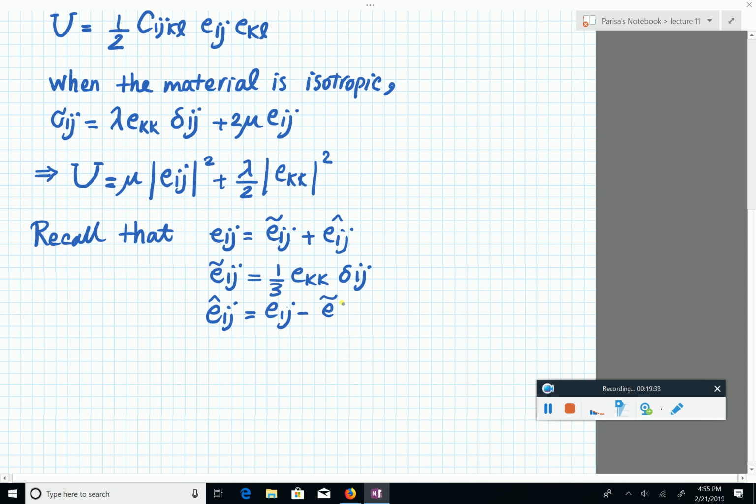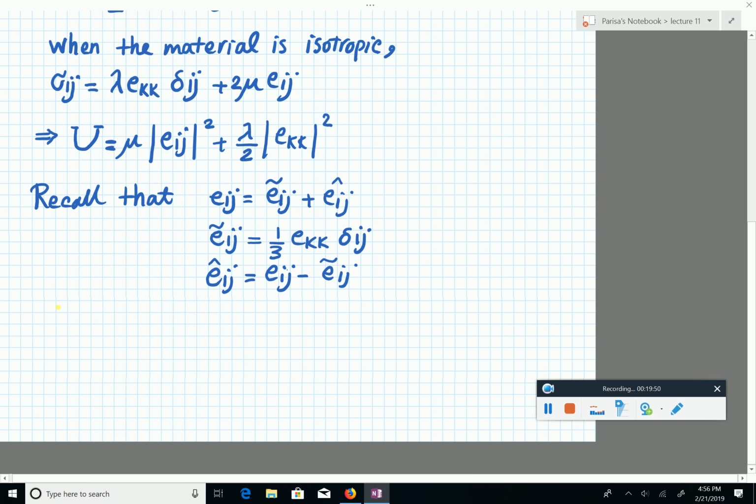And these are tensors. In your work, sometimes I saw that. Don't forget, even these two parts are tensors. They are not vectors or anything else. You are just separating a tensor into two.